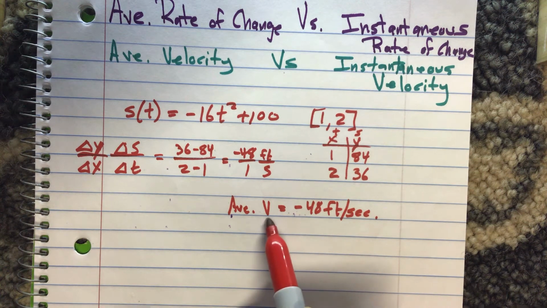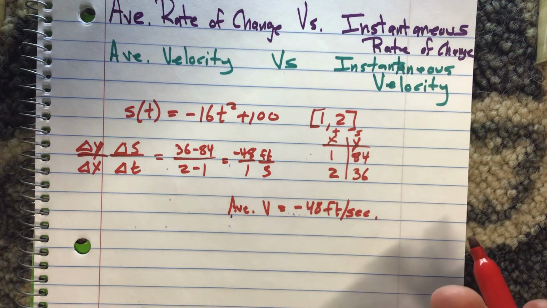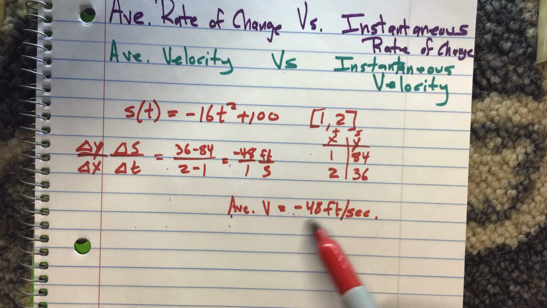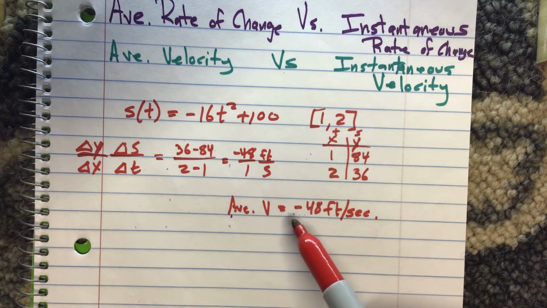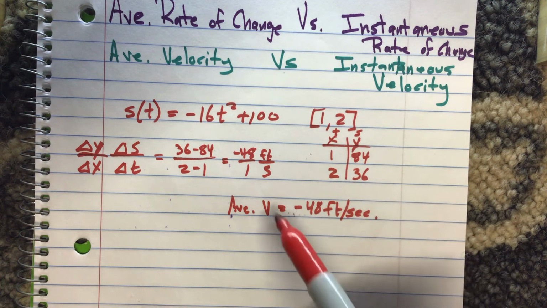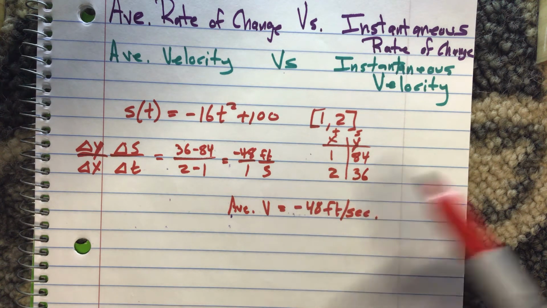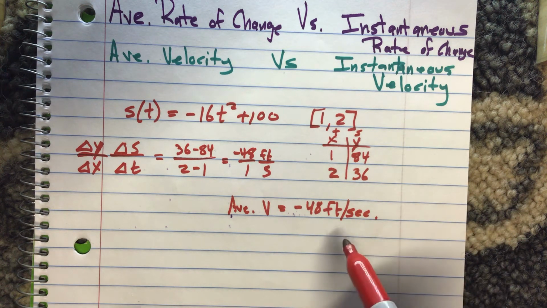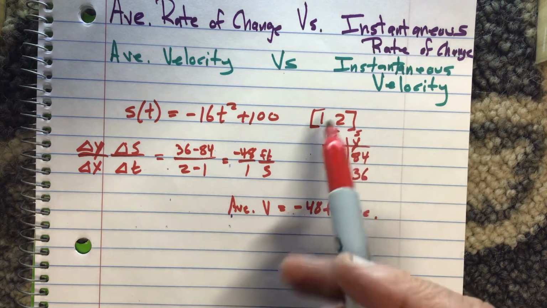The difference between velocity and speed is just how fast is it moving, but it doesn't give it any direction. So if you ask how fast is this ball falling, the average speed would be 48 feet per second without the sign. So negative just indicates that it's falling downward. So velocity uses a sign where speed doesn't. That's the only difference between speed and velocity. Okay, so negative 48 feet per second, and this is average velocity over an interval.